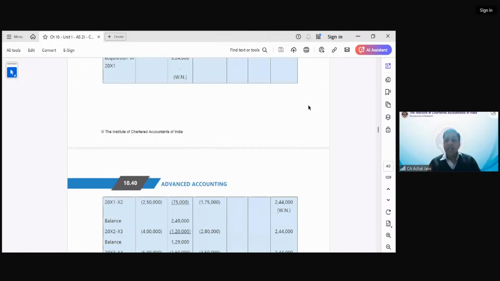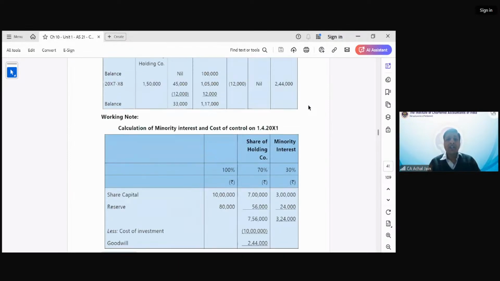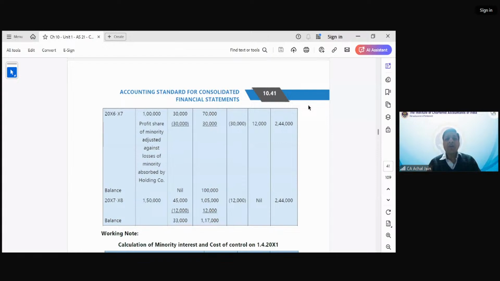Okay. Now, what is the amount of the recovery which is pending by the majority? 12,000 is pending. Otherwise, they have recovered everything from minority. Yes or no? So, in seventh year, when the profit share of minority is 45,000, out of this 45,000, only 12,000 will be passed on to holding company. Balance 33,000 will be kept by the minority only.